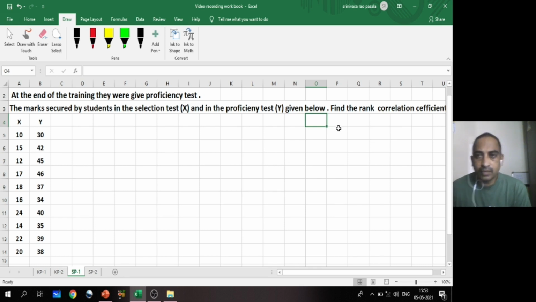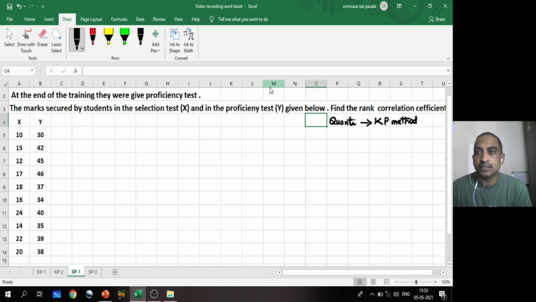The meaning of correlation is the relationship between two variables. Here, if the variables are quantitative, then you use Karl Pearson's method.